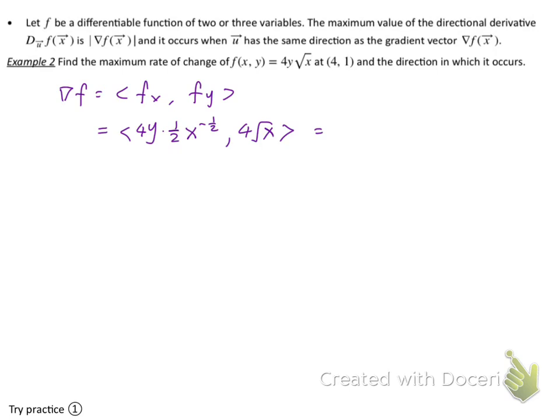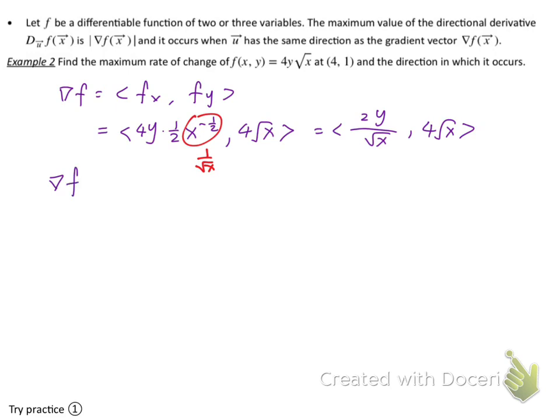I'm going to write it in radical form for the x component: 4 times 1/2 gives me 2, and then I have the y on top, and x to the negative 1/2 is 1 over radical x, which goes to the denominator. And the y component is just 4 radical x.